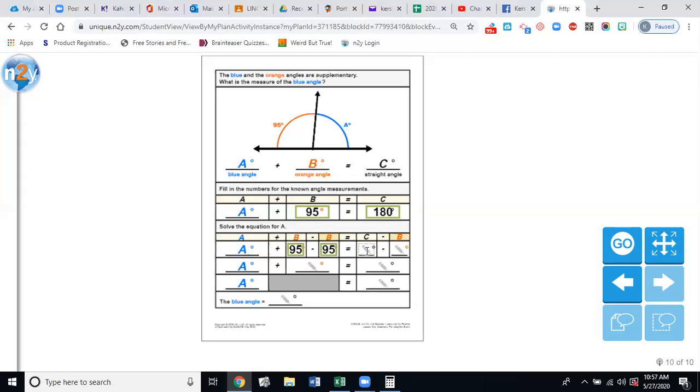C, 180 minus the orange B, 95. 95 minus 95 is 0. 180 minus 95. Okay, we're going to put that there for C. Or I'm sorry, for A. So we're trying to figure out what A is.